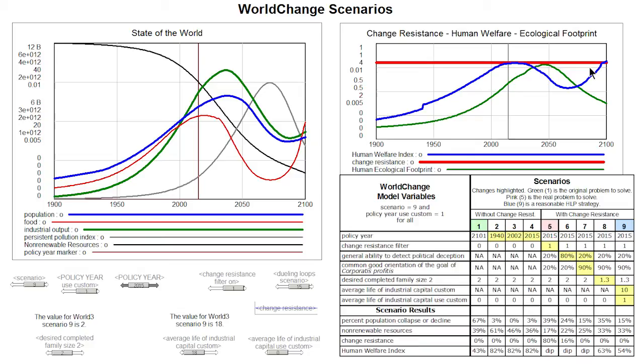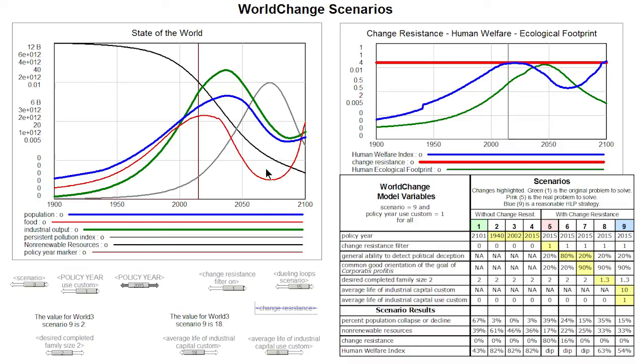Right now, change resistance is high, so the system is resisting proposed solutions, causing this collapse. We're looking at scenario 5 of the WorldChange model, the pink column right here. We're not exactly solving the problem yet, because even this much collapse is horrific. So let's see if we can do better.